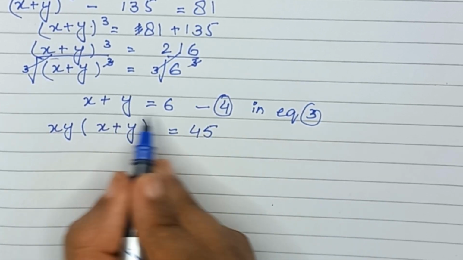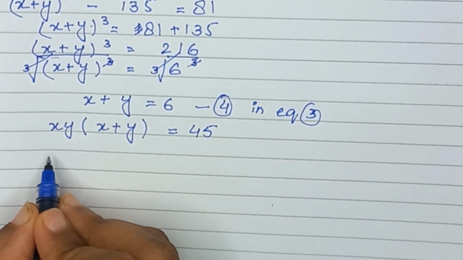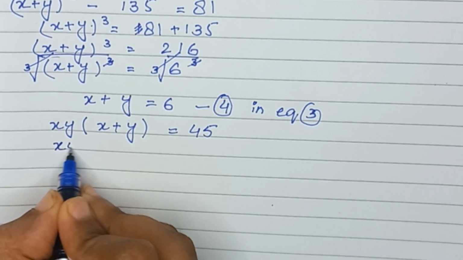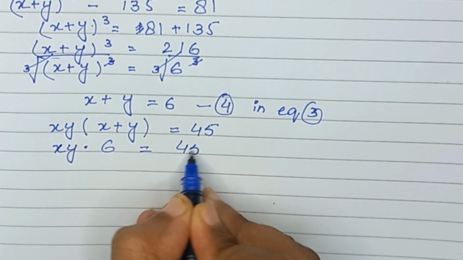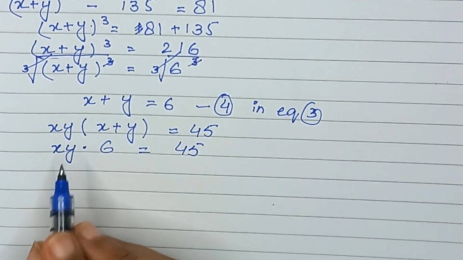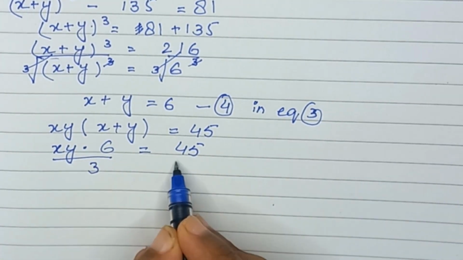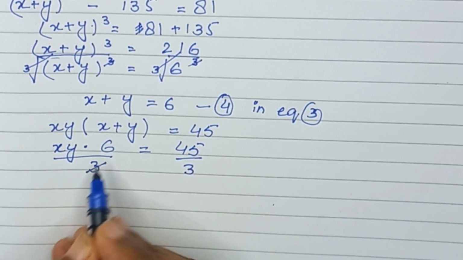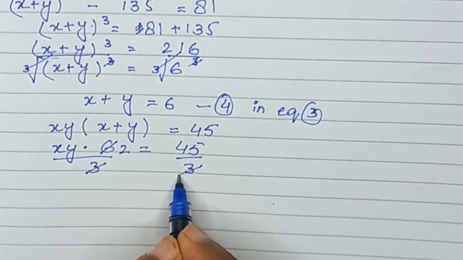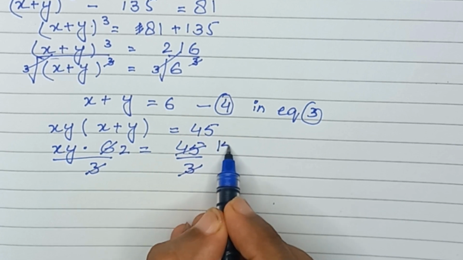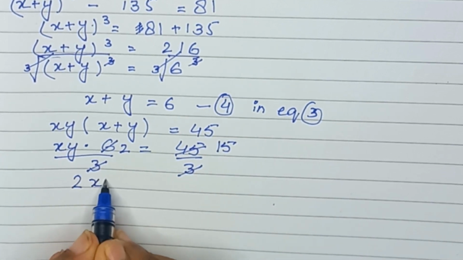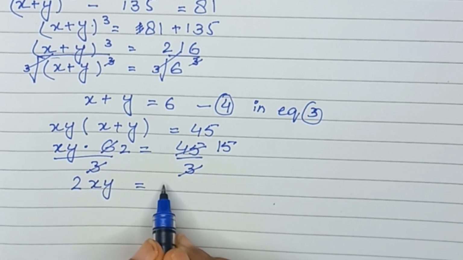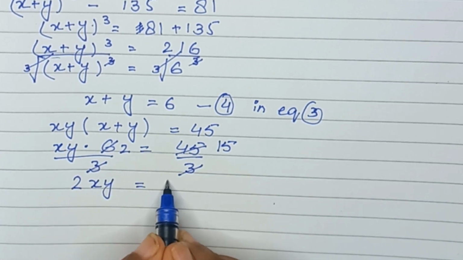Now we will put the value of x plus y here, so it will become xy into 6, which is equal to 45. Now we will divide both sides by 3. So 3 1 times 3, 3 2 times 6, 3 1 times 3, 3 5 times 15. So it will become 2xy is equal to 15.